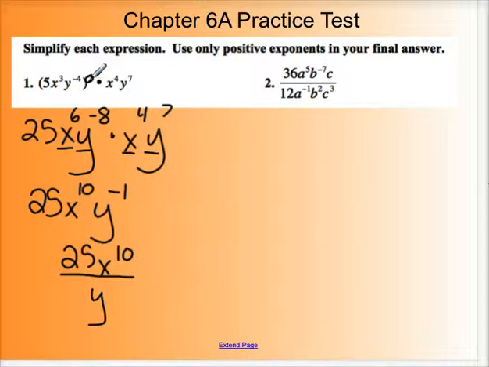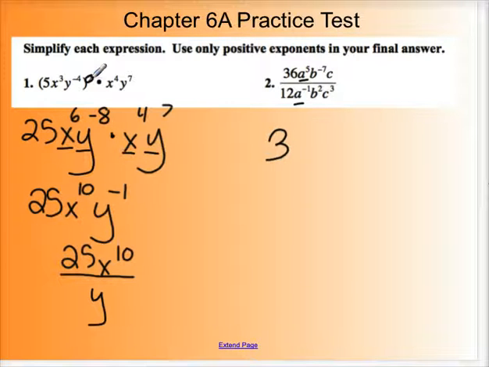All right, now for number 2. So this one is just kind of a hot mess of a fraction. So I'm going to take it step by step, piece by piece. So the first thing I'm going to do, 36 divided by 12, that actually turns out nicely. That's just going to give me the number 3. All right, now notice we have a to the 5 divided by a to the negative 1.